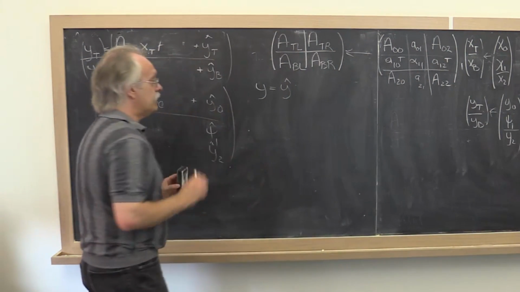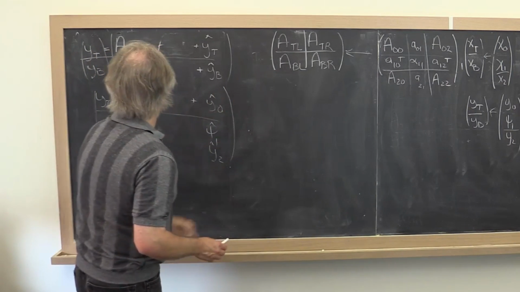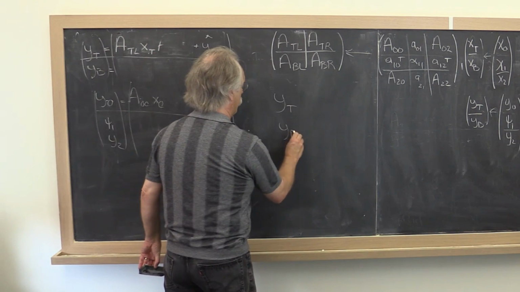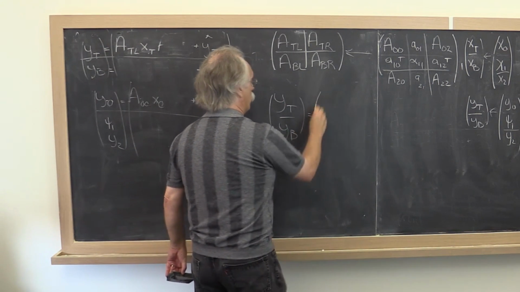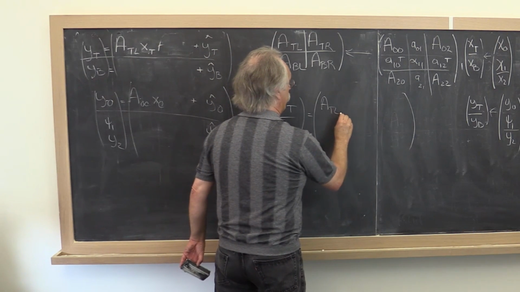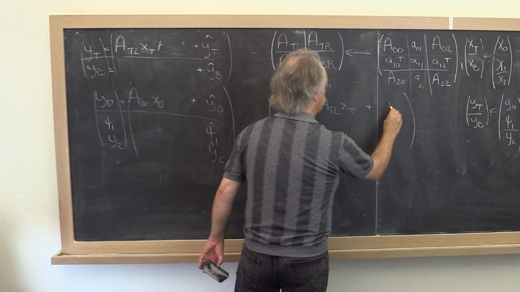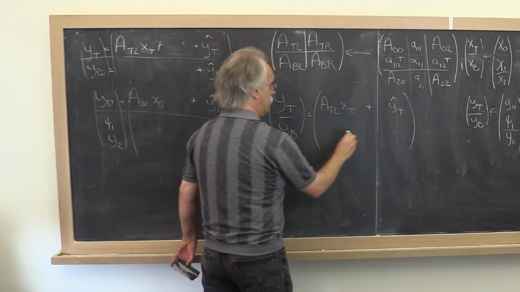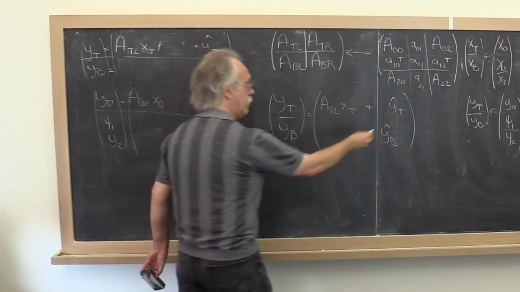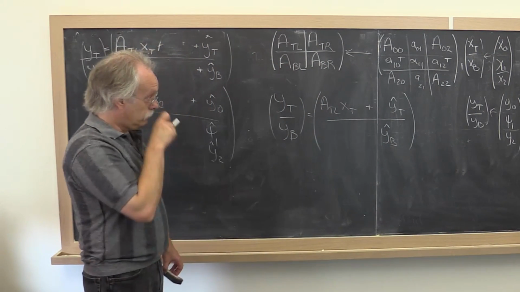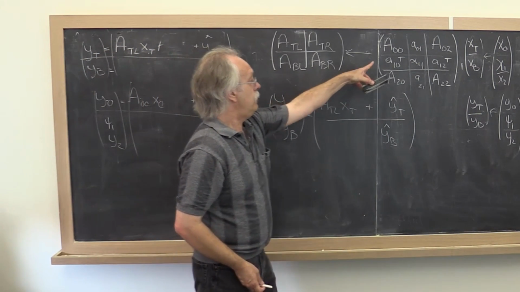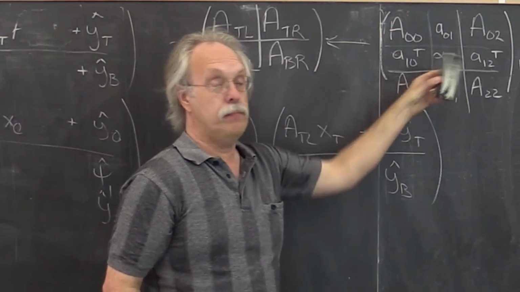Okay, so the state at the bottom of the loop, we can similarly start by saying we know that we have Y top, Y bottom is equal to A top left, X top plus Y top hat and Y bottom hat. Now, however, A top left has become this submatrix right here.